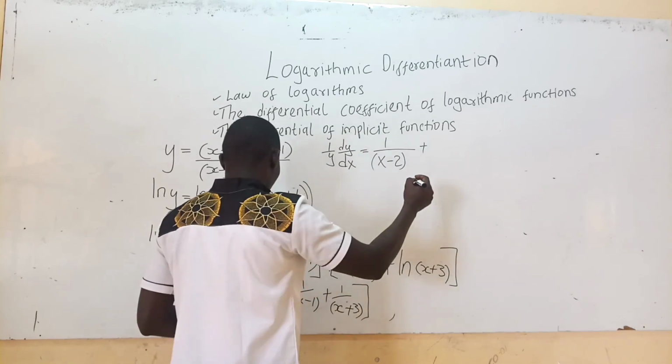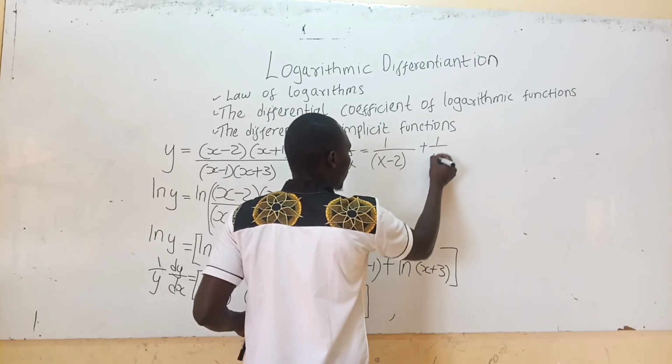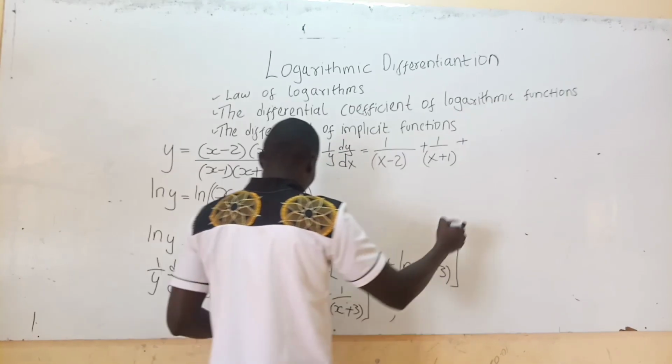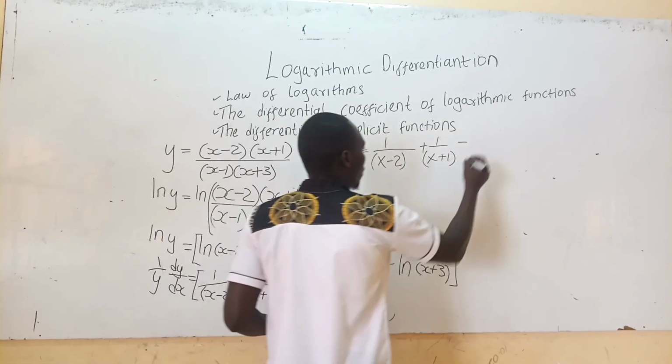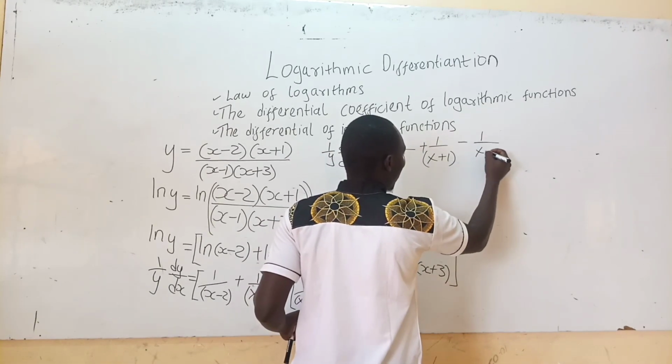We add 2, 1 all over x plus 1. We subtract from 1 all over x minus 1.